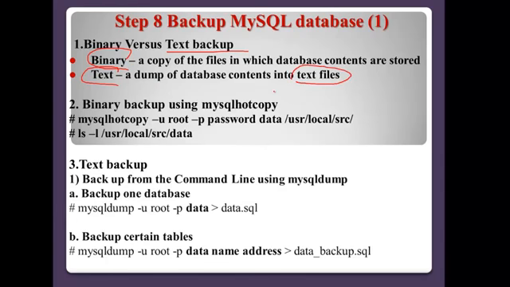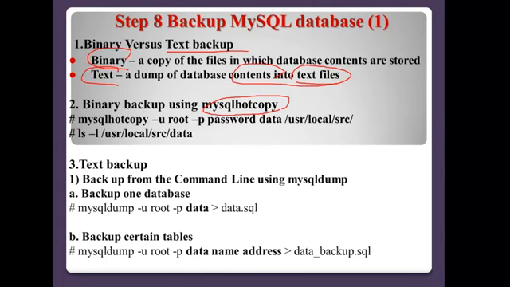So if we use the text backup, this command will make the SQL file using all contents in the database. For the binary and the text backup, we can use two commands. The first one, binary backup using mysqlhotcopy.